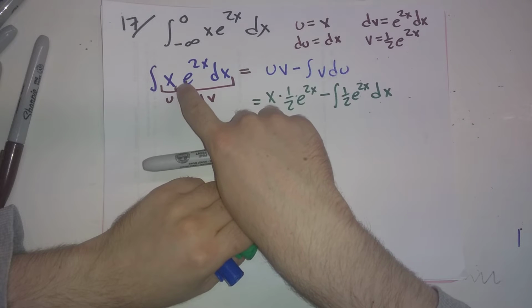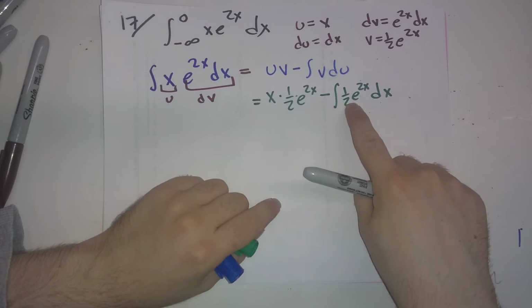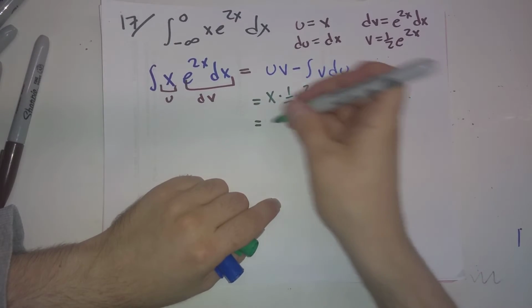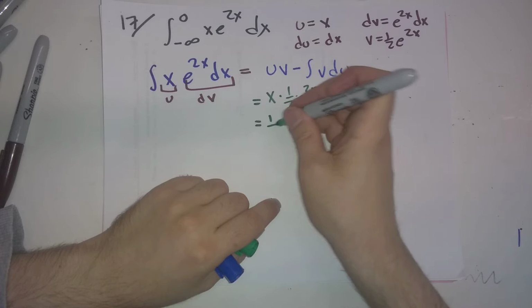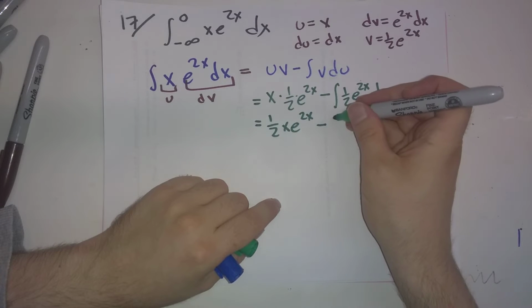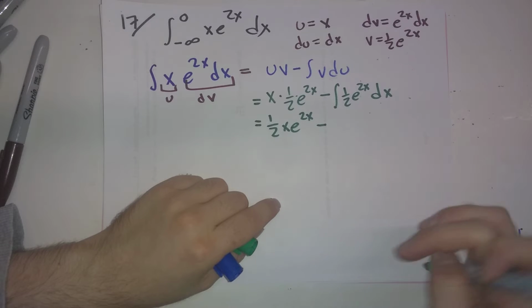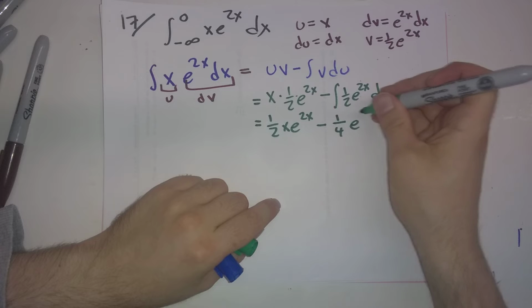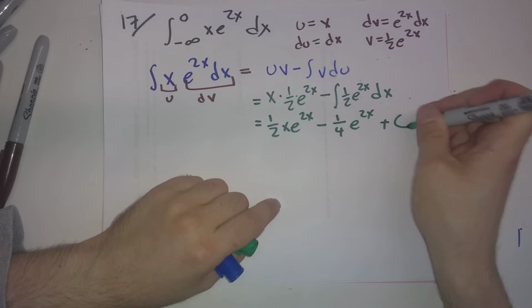It was x times e to the 2x. Now it's just 1 times e to the 2x. I guess so 1/2, but we can always move that constant outside. So what do we have? 1/2 x e to the 2x minus, bring down another factor of 2 here in the denominator, 1/4 e to the 2x plus c.